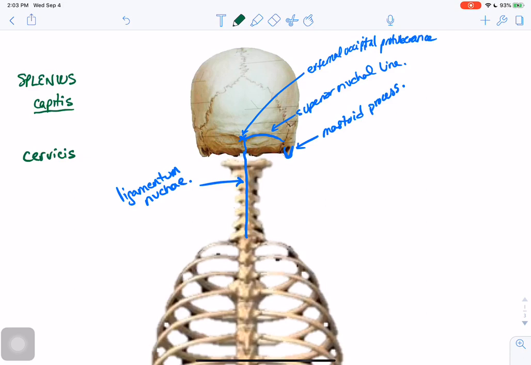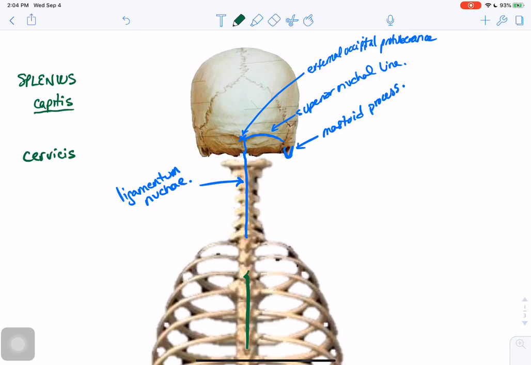All right. So let's look at the origins of our splenius capitis and splenius cervicis. Splenius cervicis takes origin from the spinous processes in the thoracic vertebrae, so spinous processes of T3 to T6, so we'll draw a little line there. And then it extends superiorly and laterally and wraps around the deeper intrinsic muscles of the back to insert on the transverse processes of cervical vertebrae C1 to C3.